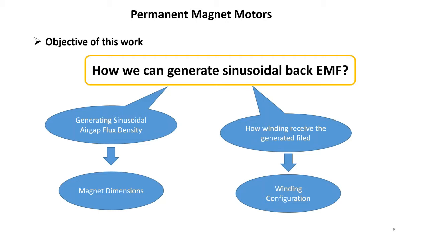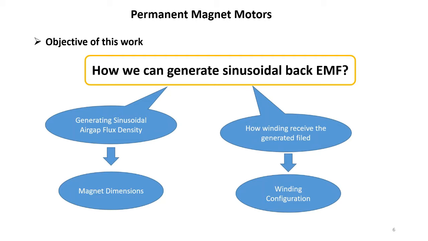Normally the important thing for us is to generate an air gap flux density which has a sinusoidal waveform. If we are able to do this, then simply we can generate a back EMF which has a sinusoidal waveform. And this can be done by sizing the magnet.